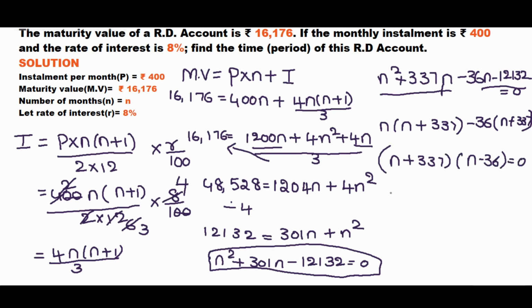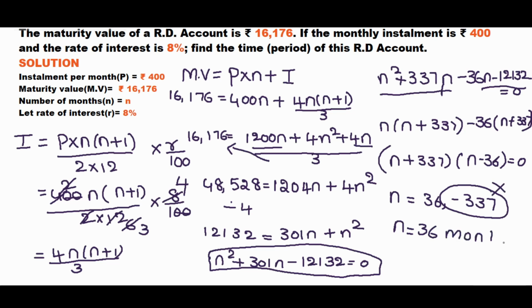So n will be equal to 36, or it will be equal to minus 337. Since we are calculating the period, the time, it cannot be negative. Therefore minus 337 cannot be included, and n is 36 months, or 3 years.